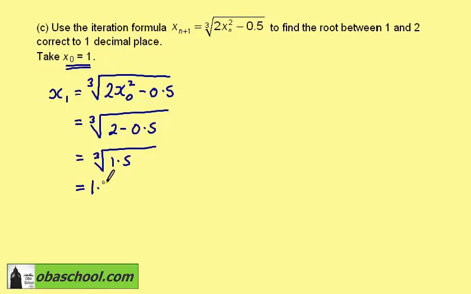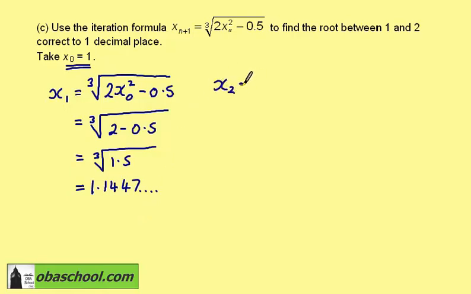This calculates to give 1.1447 and so on, and we need to store the whole of this value on the calculator, as this is our value of x1. This will be used in the subsequent calculation.